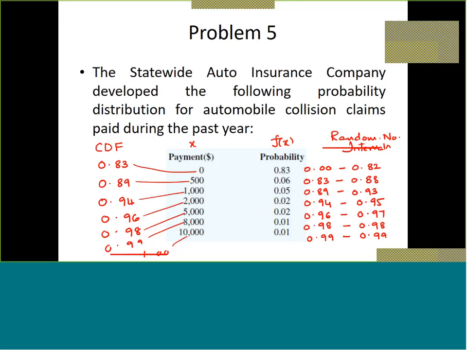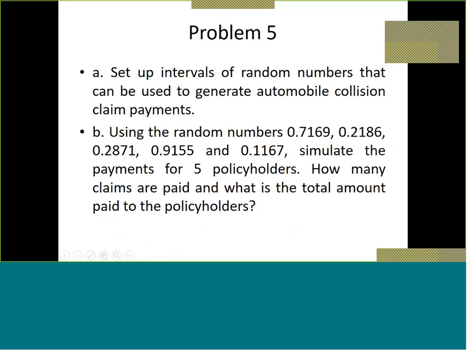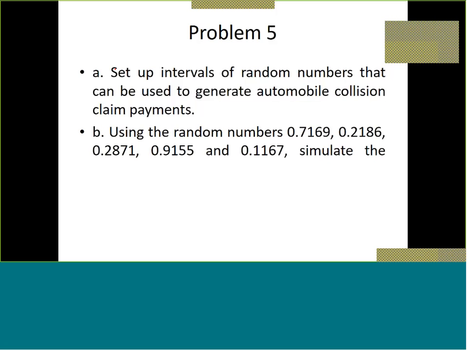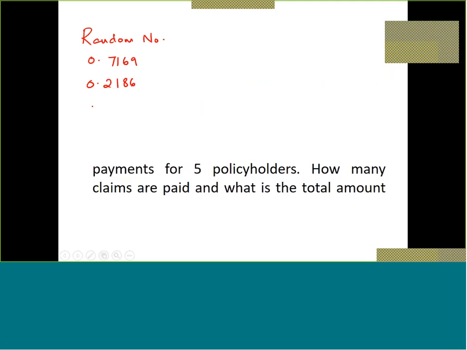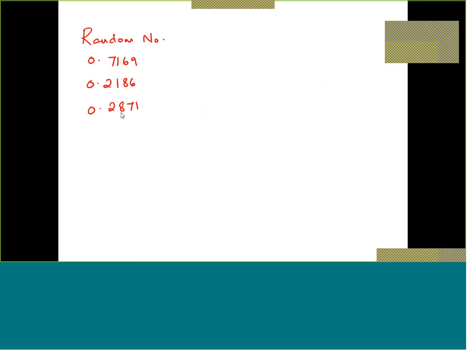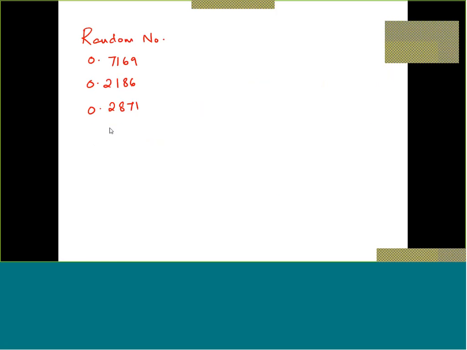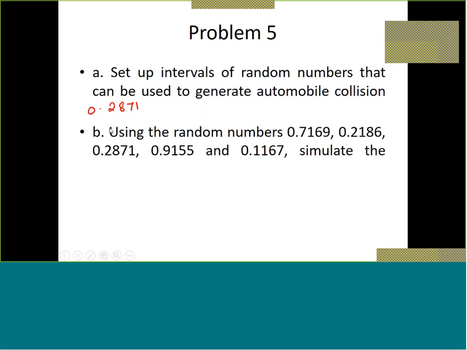Now what next? We have to simulate this experiment for 5 collisions. So I gave these 5 random numbers: 7169, 2186, 2871, 9155, 1167.